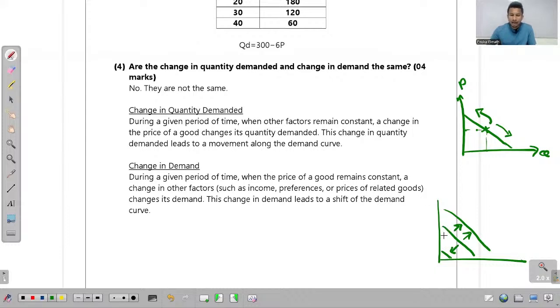If other factors change in an unfavorable way, then demand will decrease and the demand curve will shift to the left side. The whole curve changes when the demand changes, but just the point moves upwards or downwards when the quantity demanded changes. So that's what you need to explain. I hope you understand that.